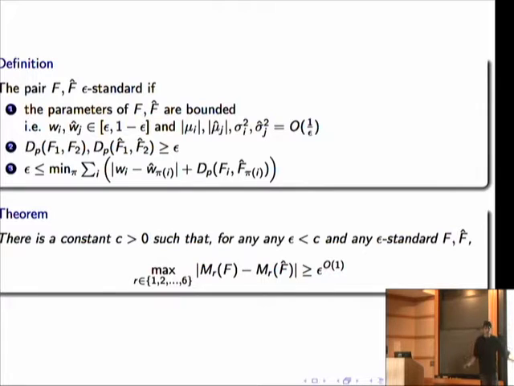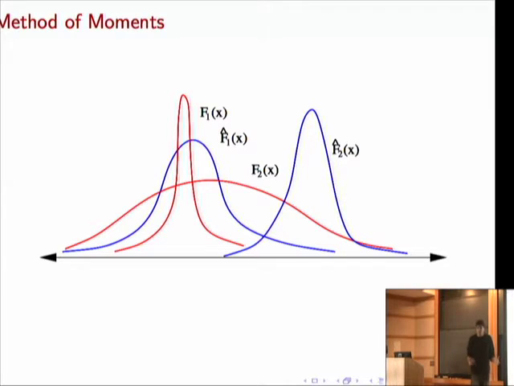Forget what the quantitative relationship is, that if they're epsilon different in parameters, it's at least a polynomial in epsilon difference in their means. But actually, once we can show that different f and different f hat implies that one of the first 6 moments is different, it turns out there's a lot of intuition from things like algebraic geometry that this should actually be a polynomial relationship, and that's exactly what we prove here, but I'll get into that intuition a little bit later. So now I just want to show this weaker condition.